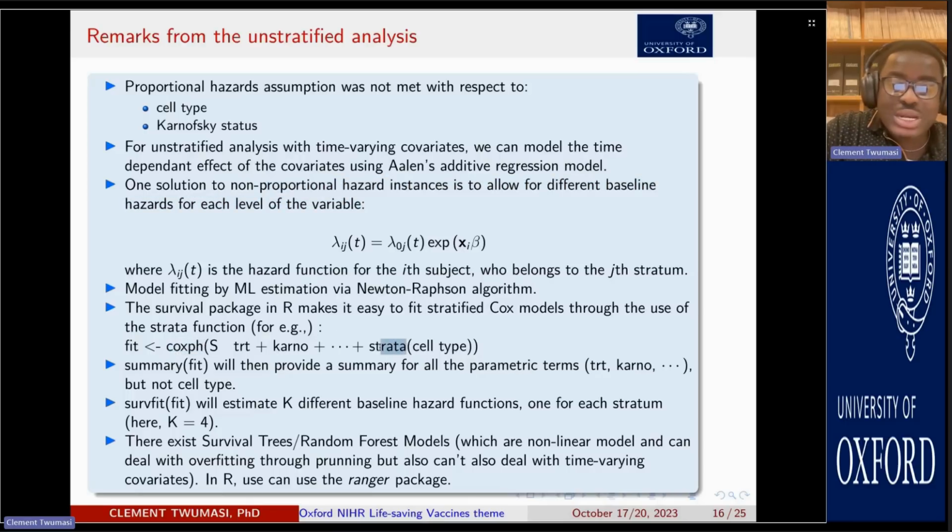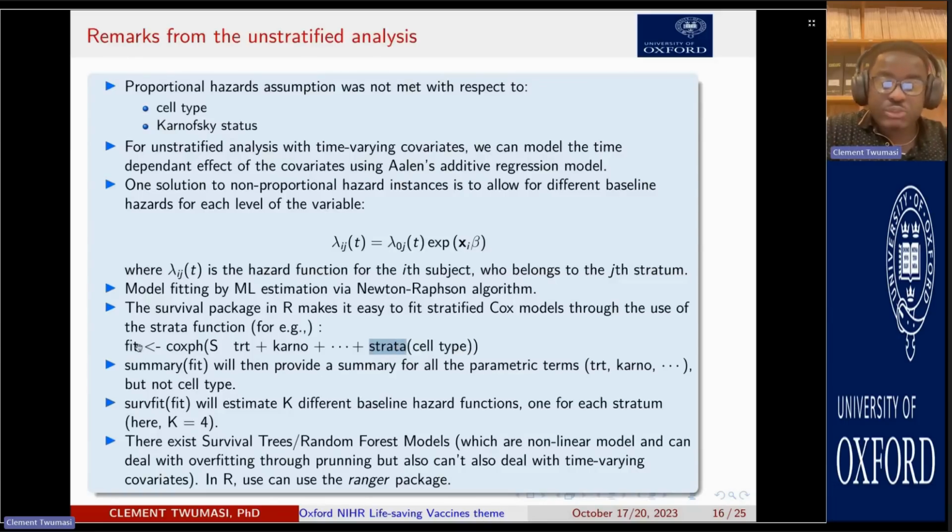If we had removed the strata, that would have been the classical Cox proportional regression. But in R, once you now bring in this function called strata around any predictor that you found from the previous assumption test did not achieve the constant proportional hazard assumption, you now have what you call a stratified model.